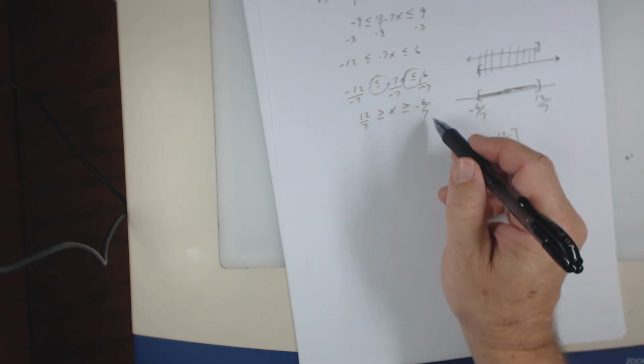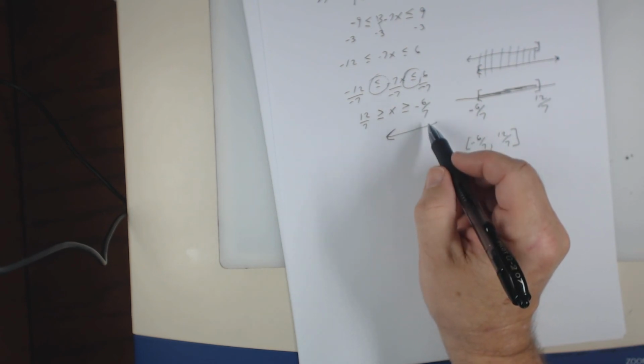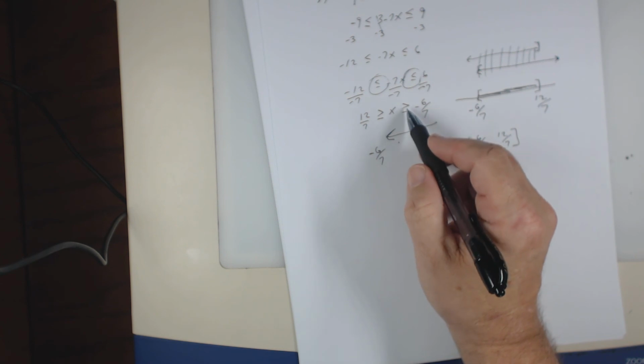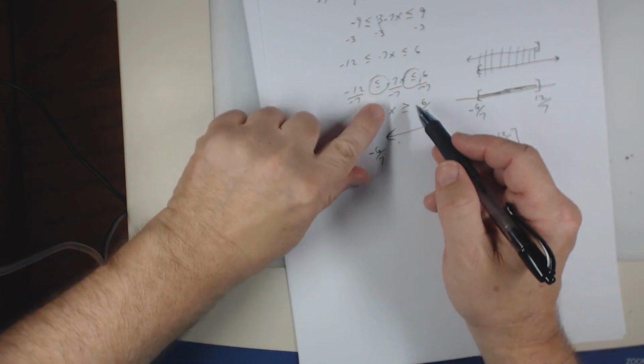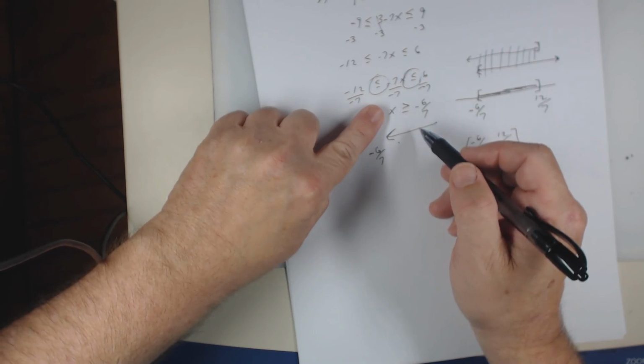But basically, what you need to remember is that if you rewrite this backwards, putting negative 6/7 first, this symbol becomes what? Yeah, because this is saying X is greater than or equal to negative 6/7, which means that negative 6/7 is the smallest.